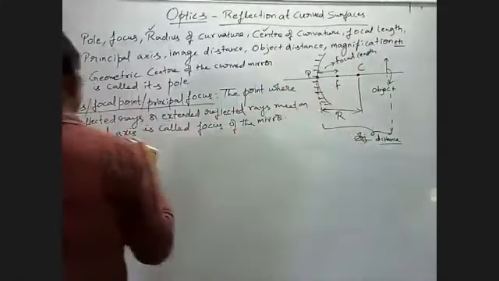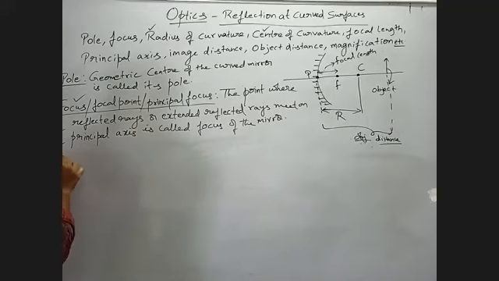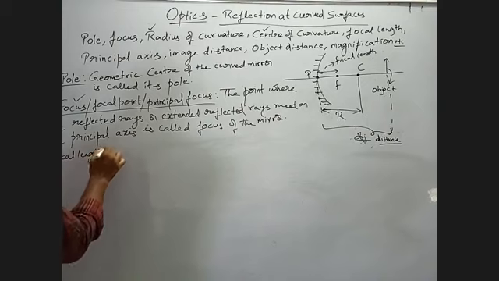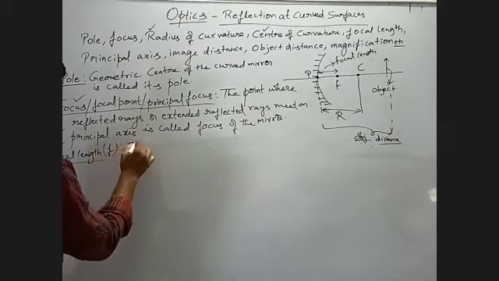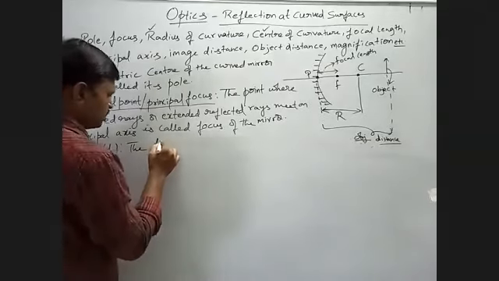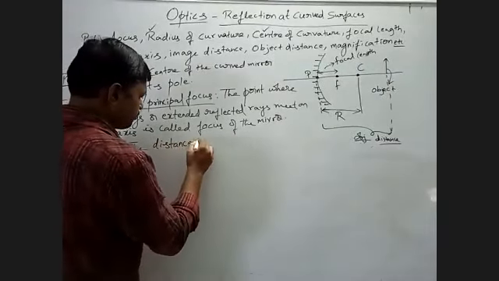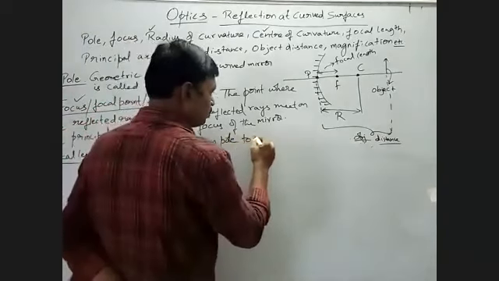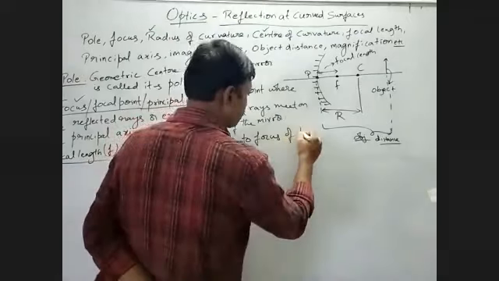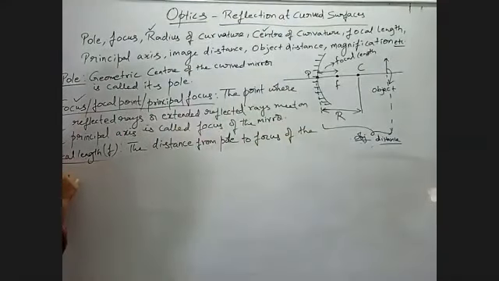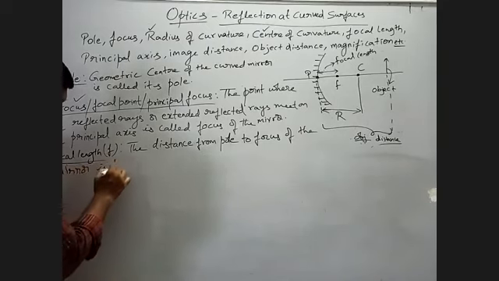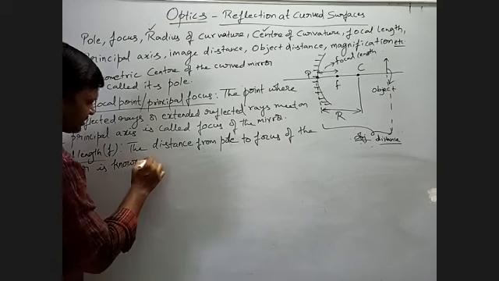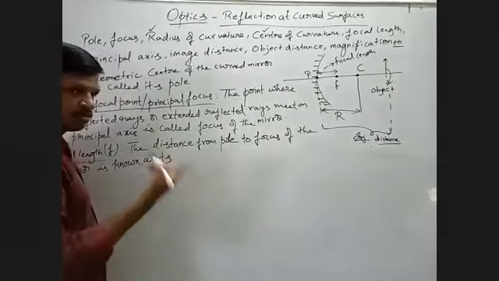Focal length we write. Focal length: the distance from the pole to the focus of the mirror is known as its focal length.